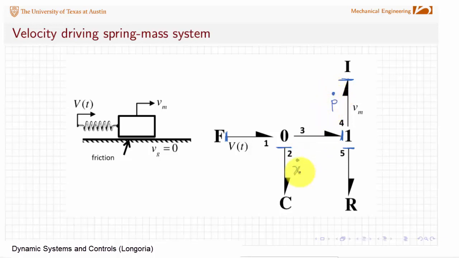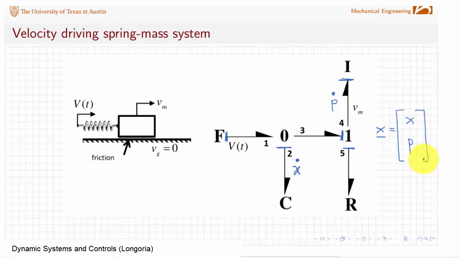So this is an effort, this is a flow, but the state is p and x. So the state vector for this system, because these two are independent, are the two states of these independent energy storage elements, which are the x and the p.